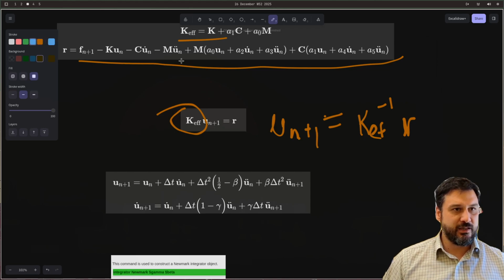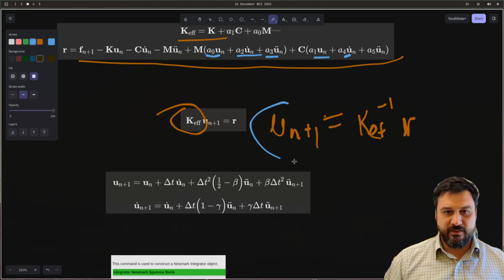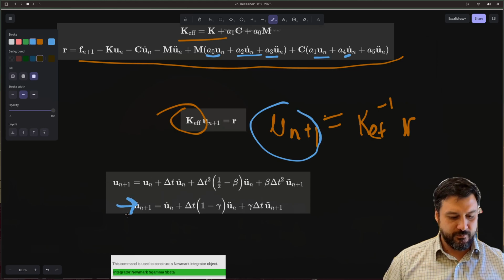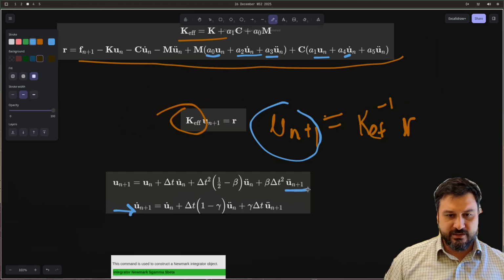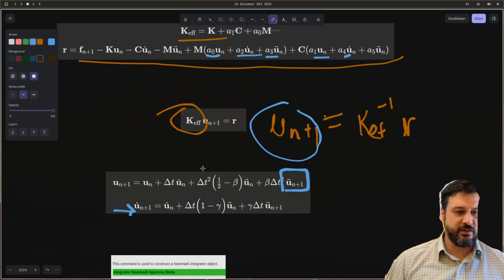And you have these constants that depend on the method settings. Once you have these values, you can compute the rest. You can compute the velocity with this expression over here, and you can get the acceleration by doing exactly the inverse of this relationship.